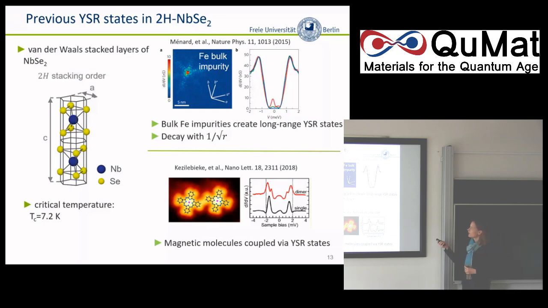And what has been pointed out in this paper by Tristan Kreml's group is that any kind of magnetic impurity, so they have found them in the bulk, and they have also seen these Yu-Shiba-Rusinov states that you find here inside the energy gap. But they found that they were super long-ranged over several nanometers. And they explained it by the fact that now you only have a decay of these states with 1 over square root of r, while if you take a bulk superconductor, a real three-dimensional superconductor, then they would decay faster with 1 over r.